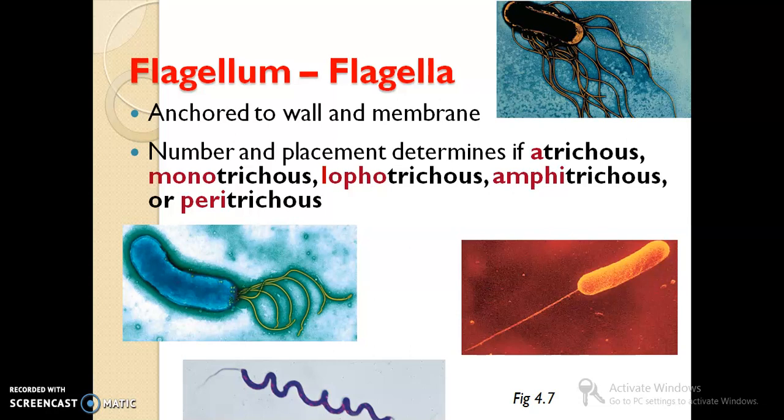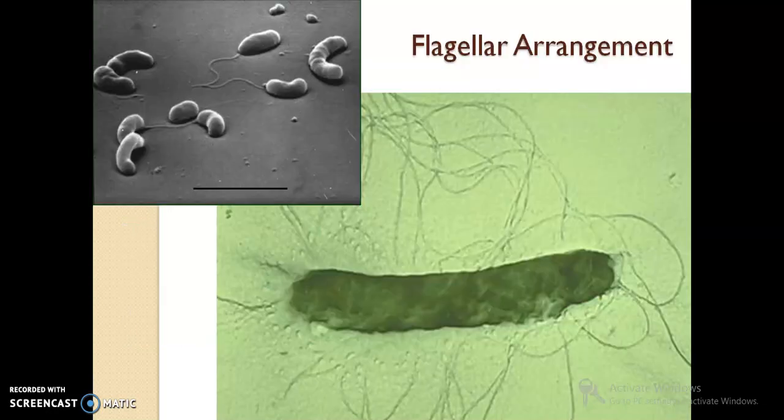Then amphitrichous, a single flagellum or a tuft of flagella on both sides. Then peritrichous, surrounded by lateral flagella, which means flagella are present all over the body. In this structure you can observe the peritrichous flagella.